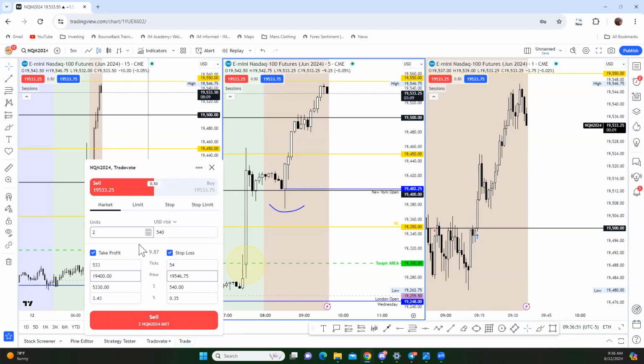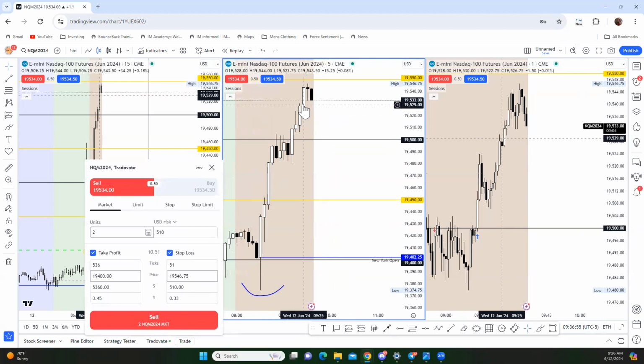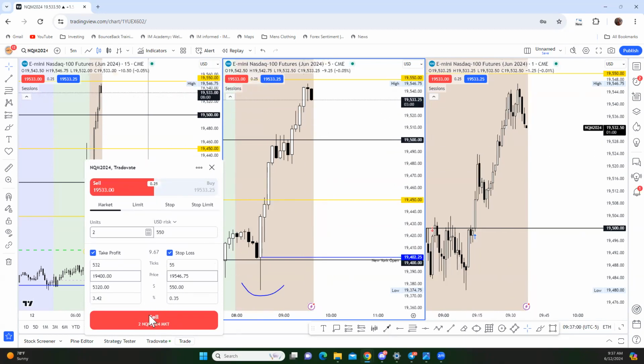And I could be taking that 1 minute setup right there, but I've already experienced a loss on the trades. I kind of want to see a little bit more of my location here. That risk is going up quite a bit though.